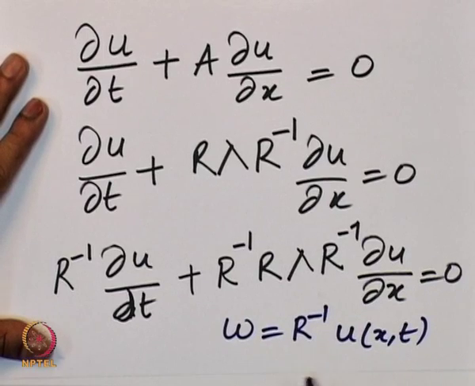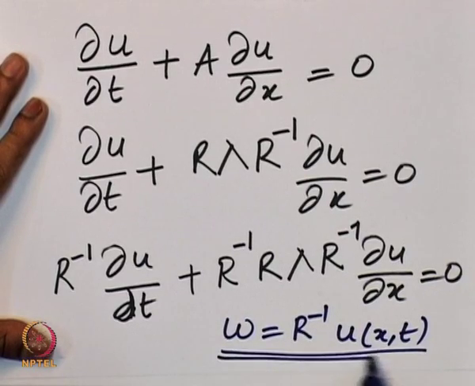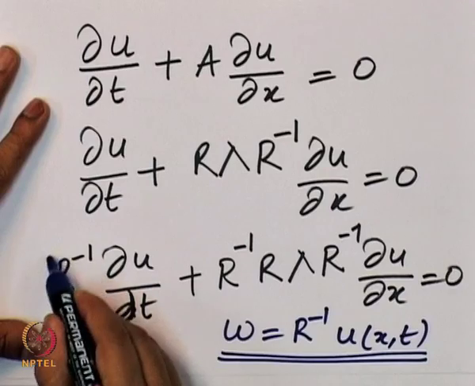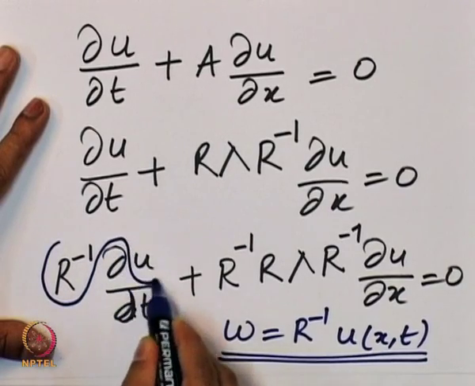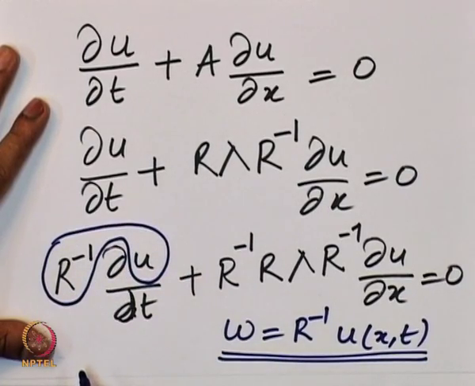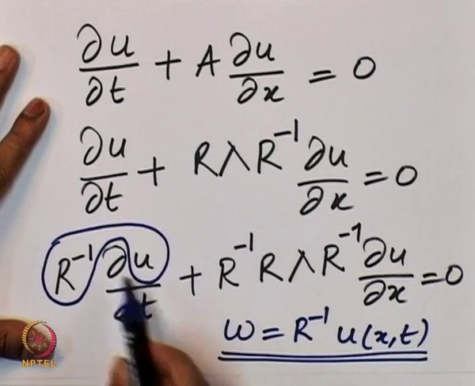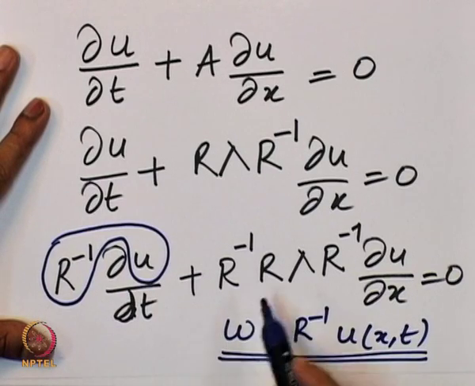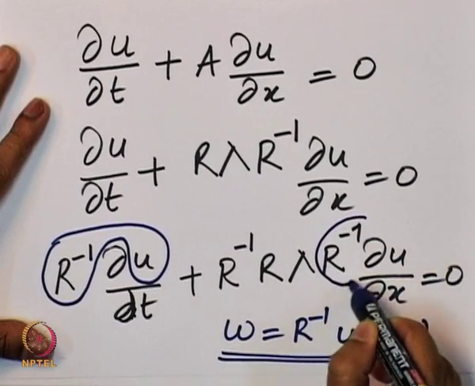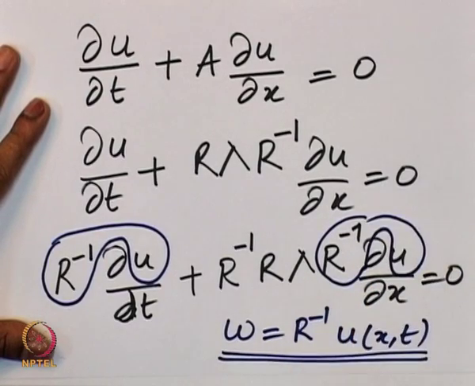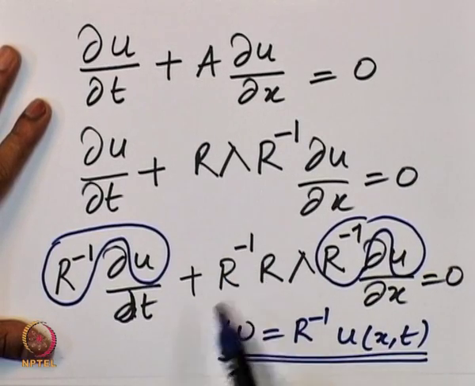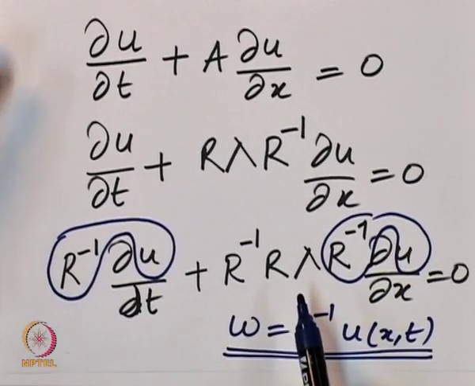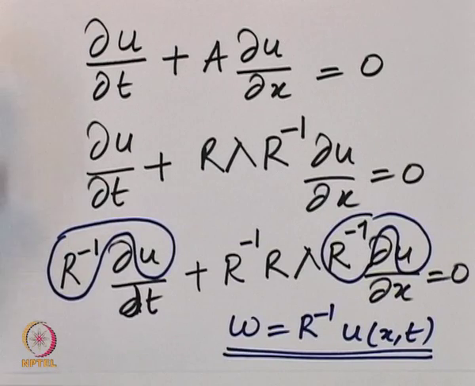If I use this particular definition, I can simplify this part by putting w, and I can simplify this part by putting w. This one will become 1 because it is R inverse times R, and then we will have only a term with capital lambda.